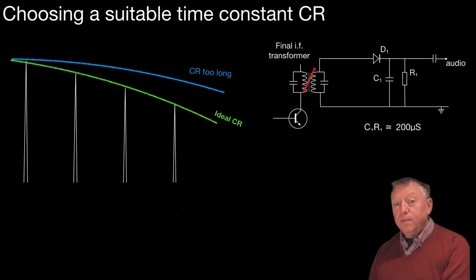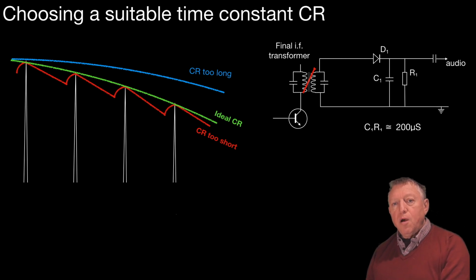On the other hand, if we select a time constant that's too short, between the half cycles the capacitor will discharge excessively through the resistor, only to have to recharge when the next half cycle comes along. And we'll end up with a jagged top to our waveform. And once again, this will represent a distortion.